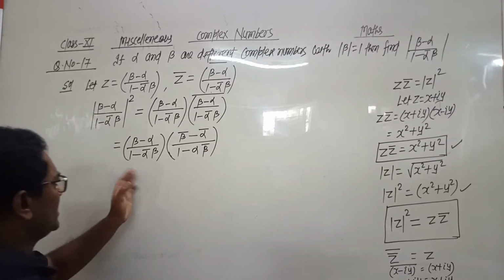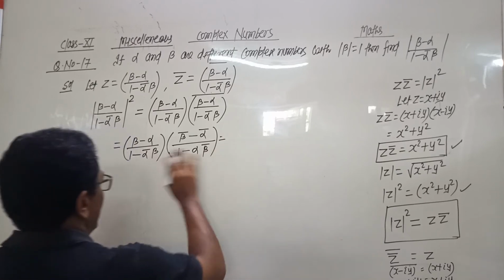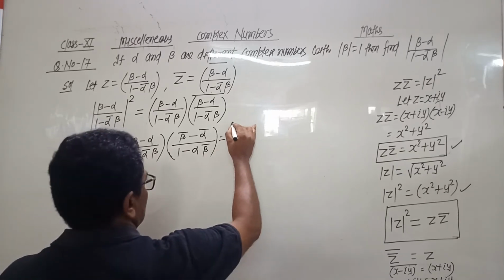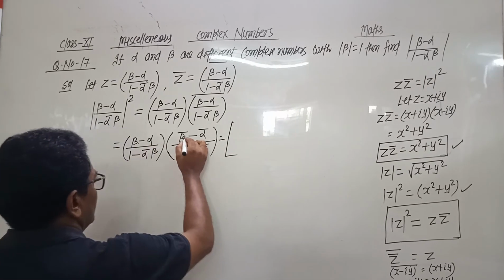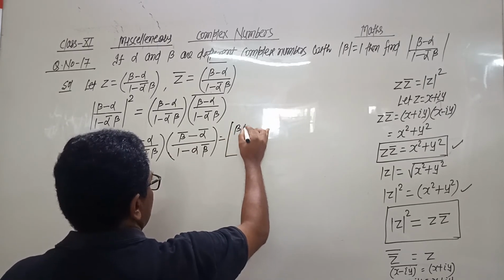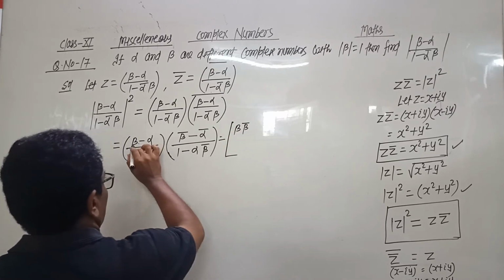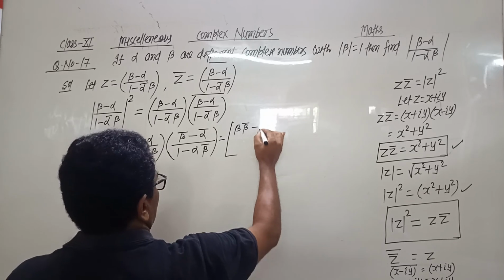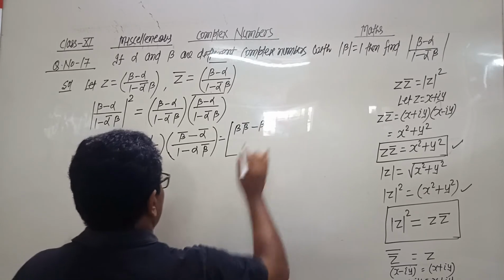Then we remove the brackets by multiplying the corresponding terms. So beta into beta bar, plus, minus minus, beta into alpha bar.